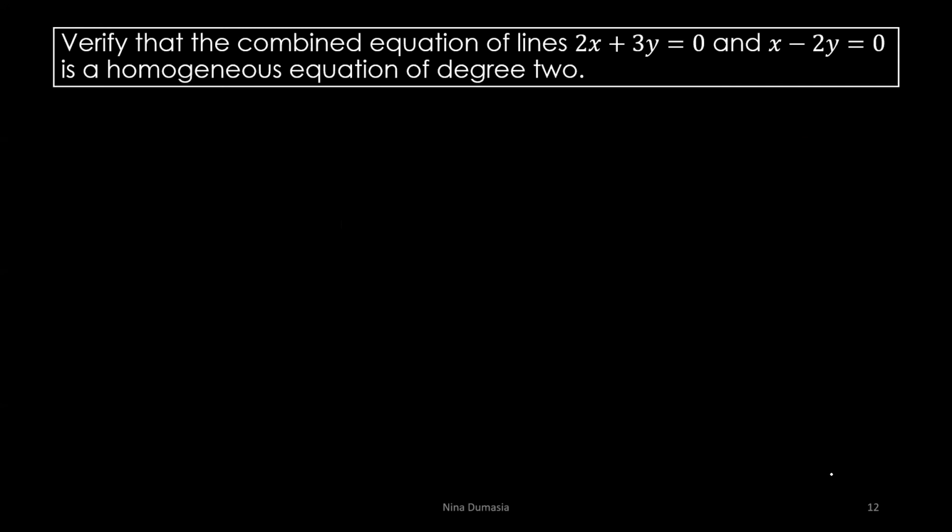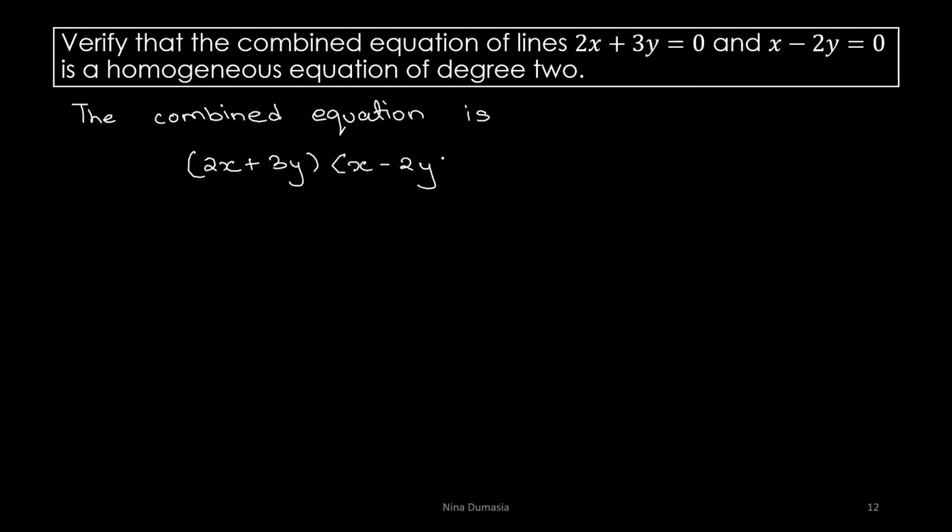Okay, now let us go to the next part. Verify that the combined equation of the lines 2x plus 3y is equal to 0 and x minus 2y is equal to 0 is a homogeneous equation of degree 2. So we just have to check whether its combined equation is a homogeneous equation or not. So first we find the combined equation. So the combined equation is 2x plus 3y into x minus 2y is equal to 0.